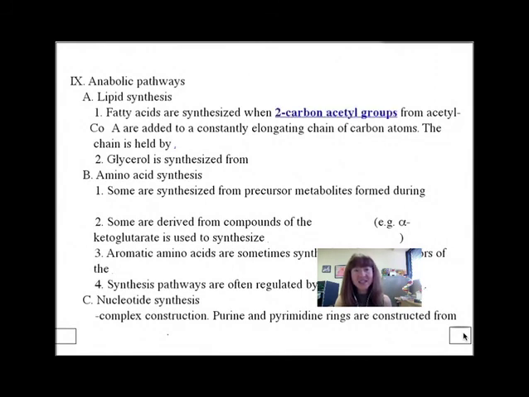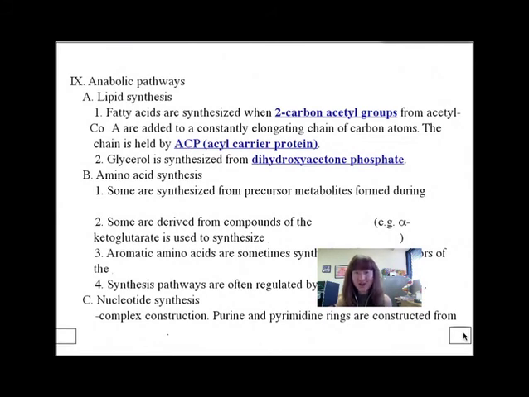Fatty acids are synthesized from acetyl-CoA when 2 carbon groups are added to a constantly elongating chain. It's held by a protein called acyl carrier protein, which I mentioned because it's cool. It has what's almost like a long elephant trunk that it can use to get more and more 2 carbon groups on it. Glycerol is synthesized from dihydroxyacetone phosphate, the glycerol backbone, so we talked about that.